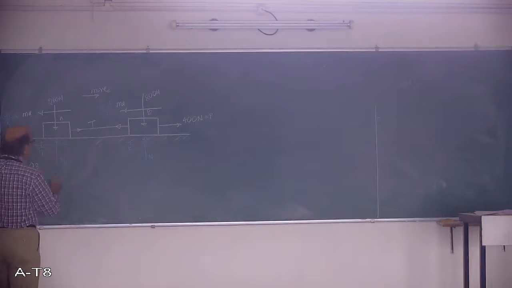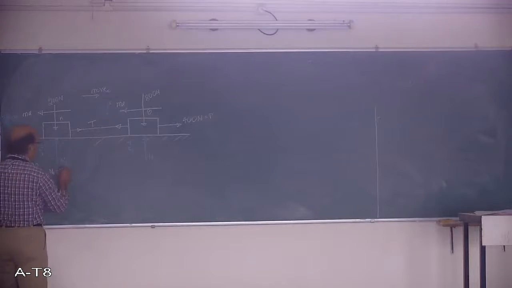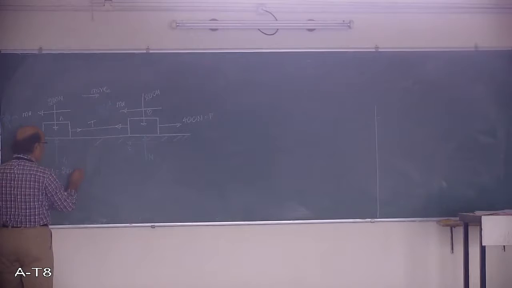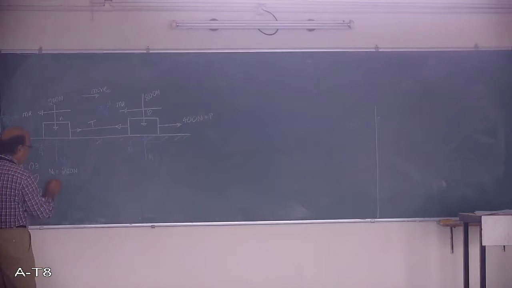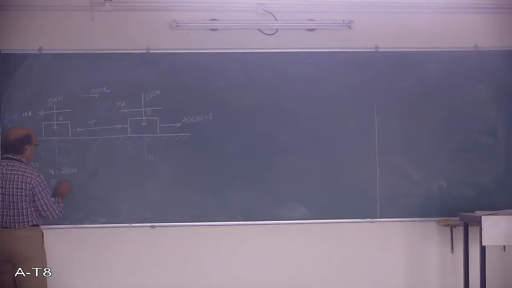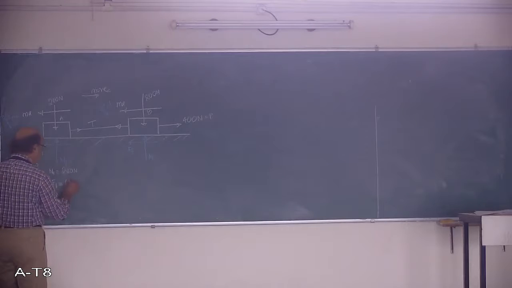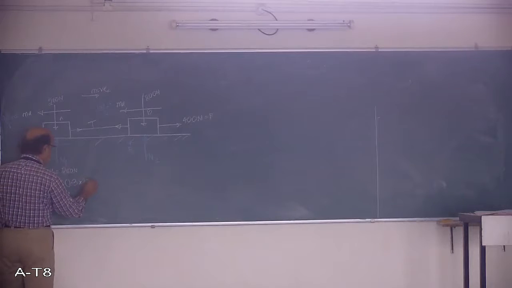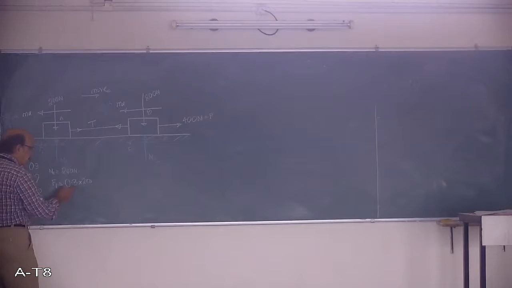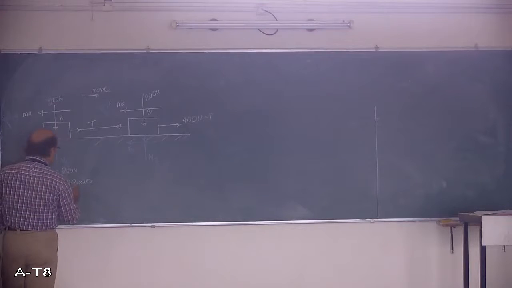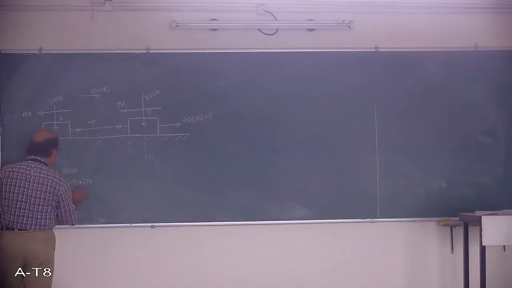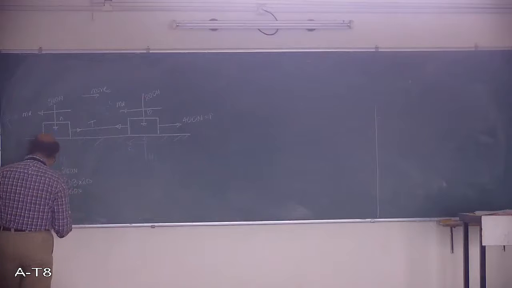Now in this case, N1 is equal to 200 Newton as it is a direct straight brick, and F1 is equal to mu N1. Mu is 0.3, so 0.3 into N1 is 200. This will get, I think, 60 Newton.